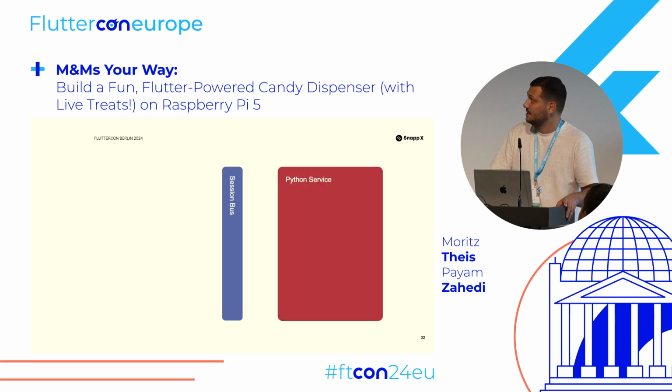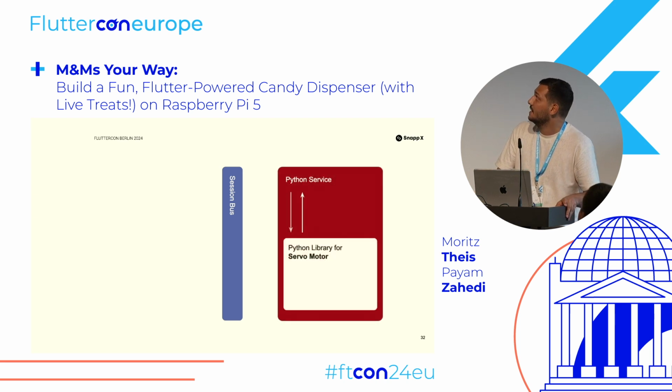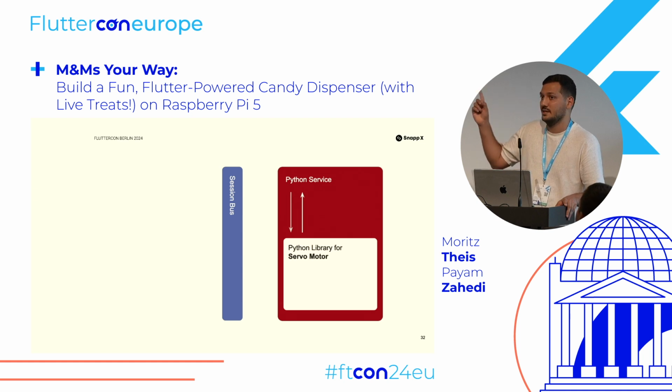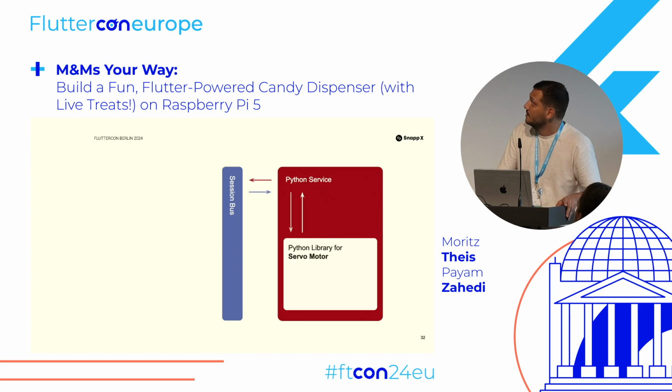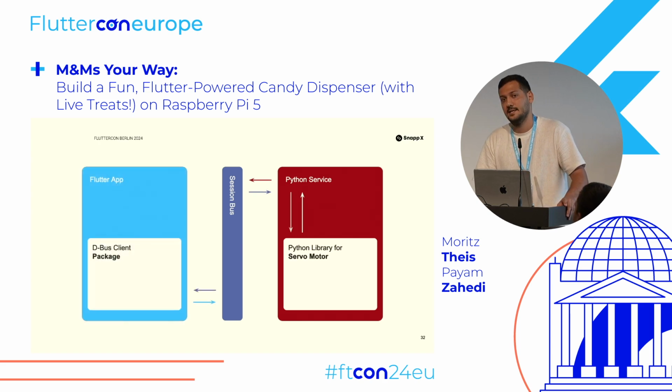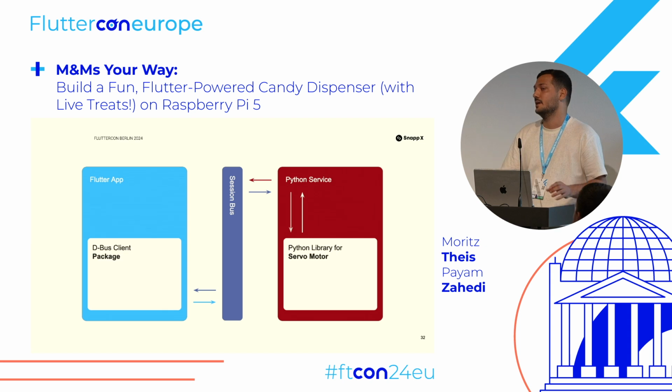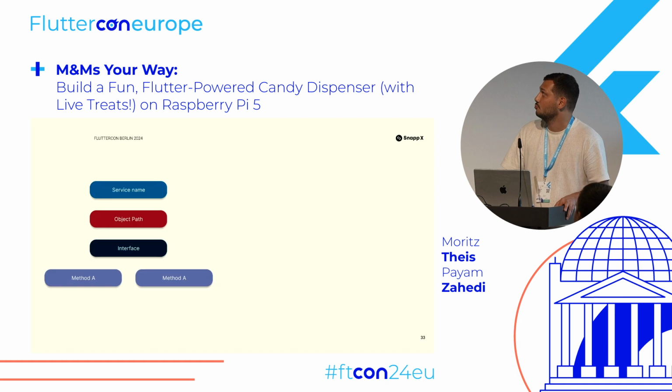So we made a service with Python, and inside that service, we added the Python library that we have for the servo motor and added it to the dbus. And on the other hand, we have the Flutter app that has a dbus client, so we can communicate with the session bus and try to control the servo that we have in here.